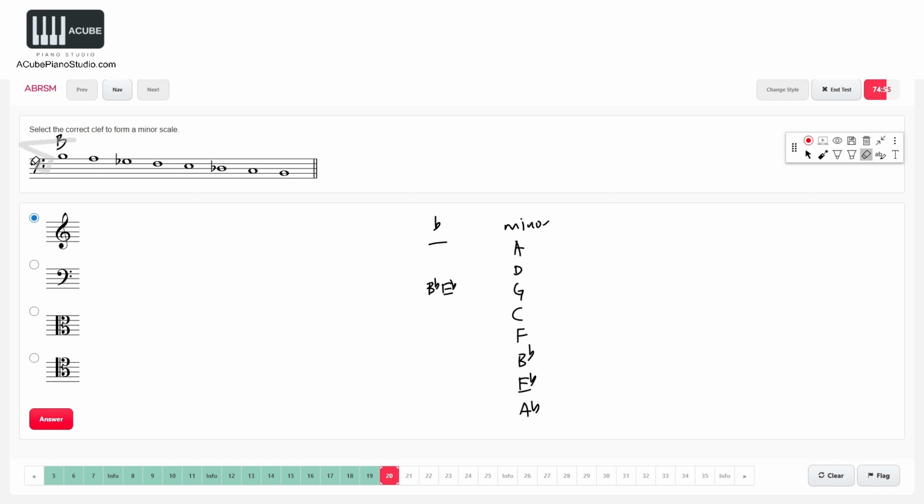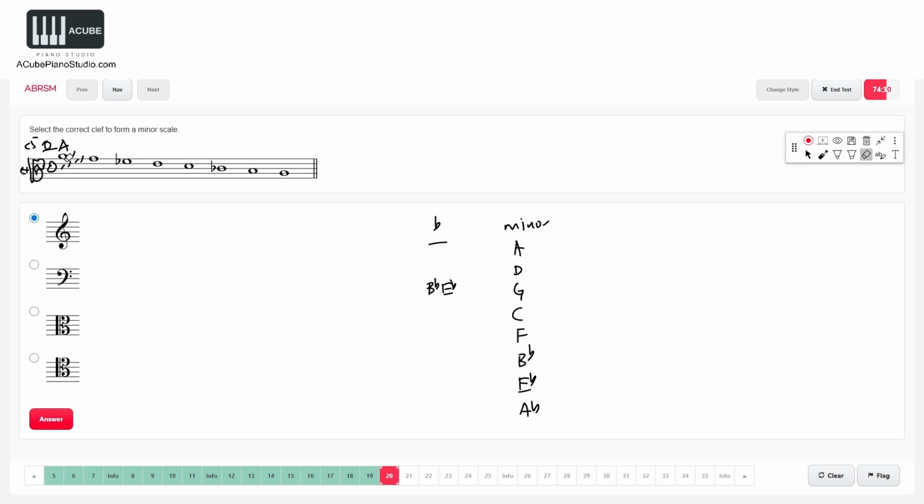Let's take a look at if I were to use alto clef. Alto clef is not natural to me, so I do need to count. If this is middle C, C4, this is C5. So let's count C, D, E, F, G, A. This is A, right?